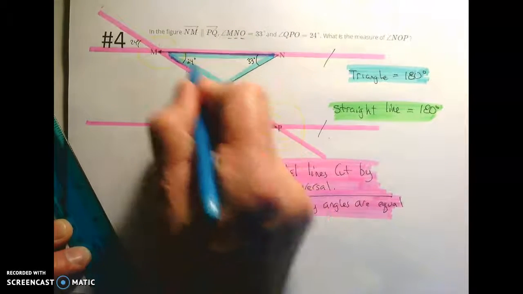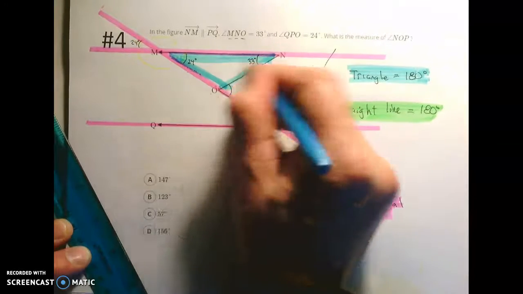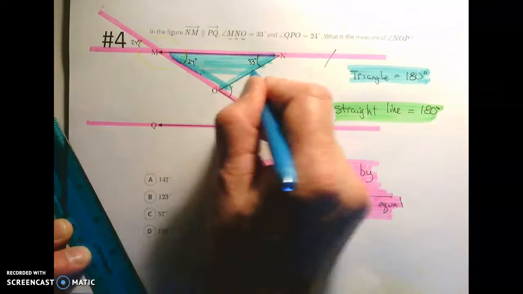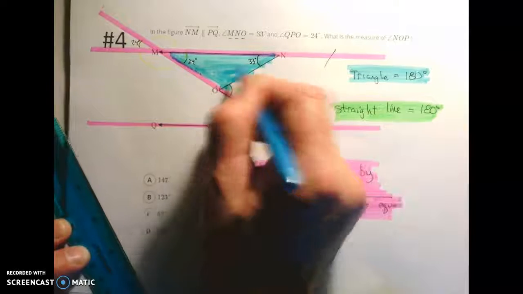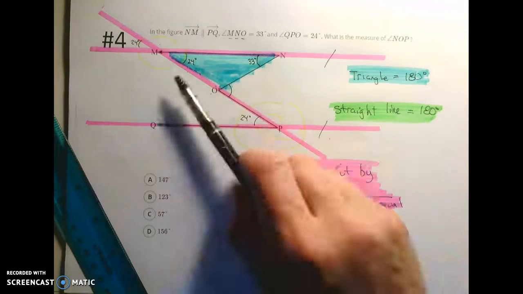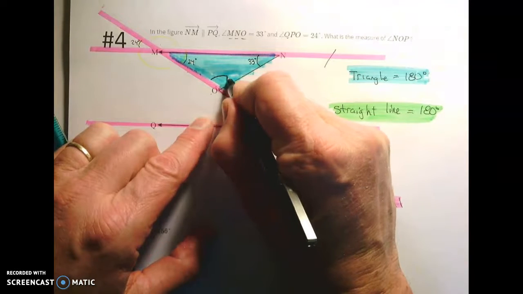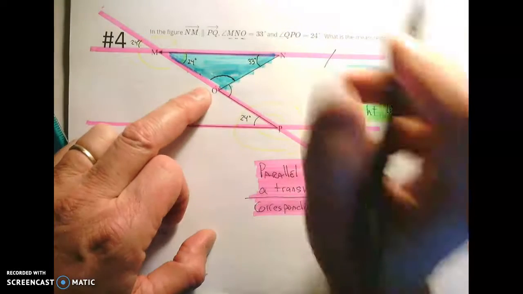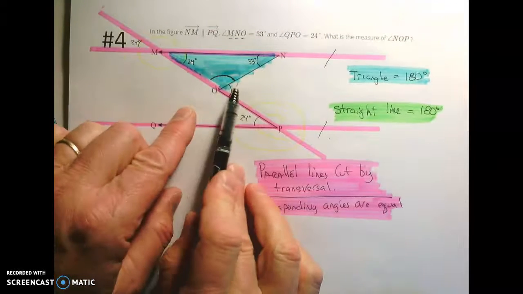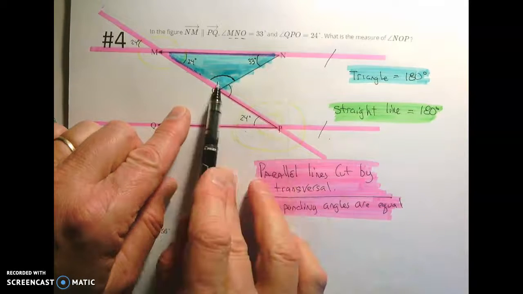In here, I've got this triangle. I'm going to go ahead and color it in. Helps me see it better. And I know that all triangles add up to 180 degrees. Well, I've got 2 angles. What I don't know is that 3rd angle. Once I have this 3rd angle, I'm going to be looking at this straight line, which I'm going to highlight in green.